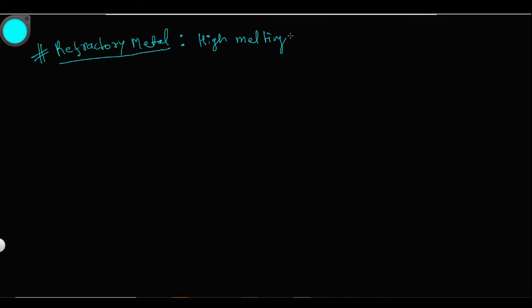For example, tungsten, that is W, whose melting point temperature is 3500 degree centigrade.